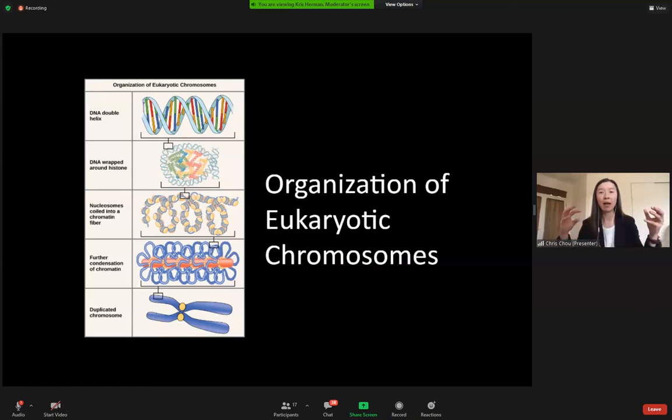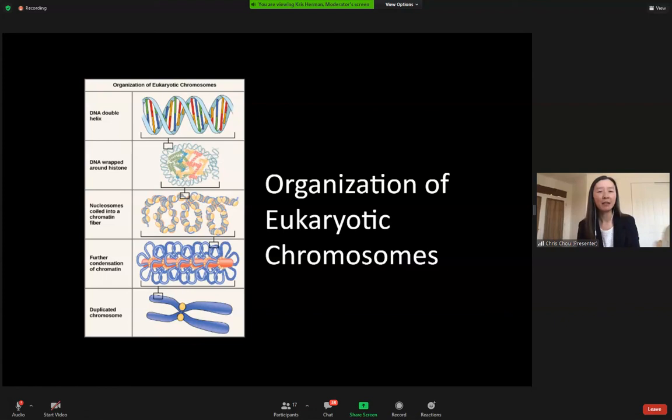So thinking about how you can turn off transcription with methylation of DNA or histone acetylation and the unpacking of the DNA molecules. And then as the DNA is further condensed, it condenses into chromatin, which is where most of the DNA within a cell usually is.